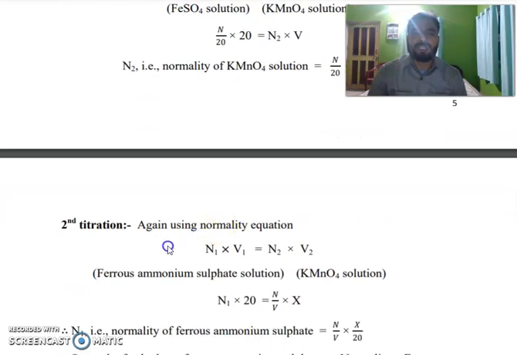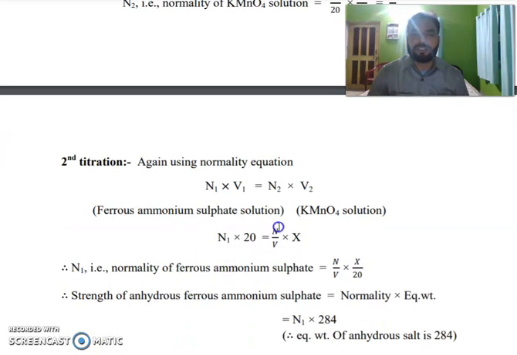Then do the second titration calculations, again using the normality equation N1 V1 = N2 V2, ferrous ammonium sulfate solution and KMnO4 solution: N1 into 20 = N by V into X. This is a very important point here. So N1, that is the normality of ferrous ammonium sulfate, is N by V into N by 20, and the strength of anhydrous ferrous ammonium sulfate is equal to normality into equivalent weight.